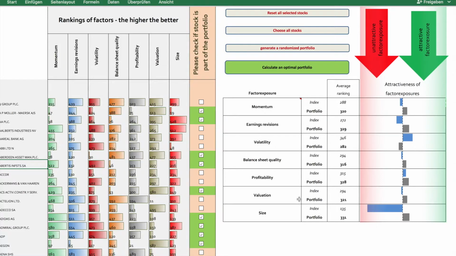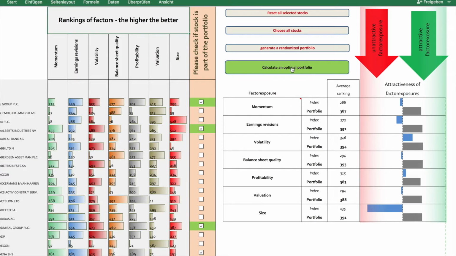If you want to select equities that on the portfolio level have an attractive exposure towards different factors, then you really need some kind of math. And we have implemented that math. Let's actually now produce this portfolio.